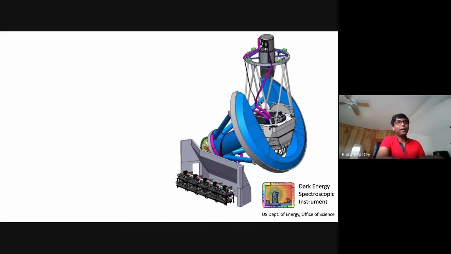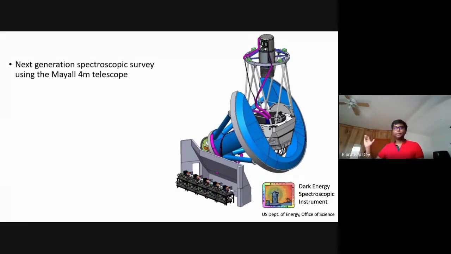We have this 4-meter telescope at Kitt Peak National Observatory, Arizona. What this instrument does is that it has robotic arms kept at the focus of the telescope mirror, and each arm has one fiber optic cable attached to it.